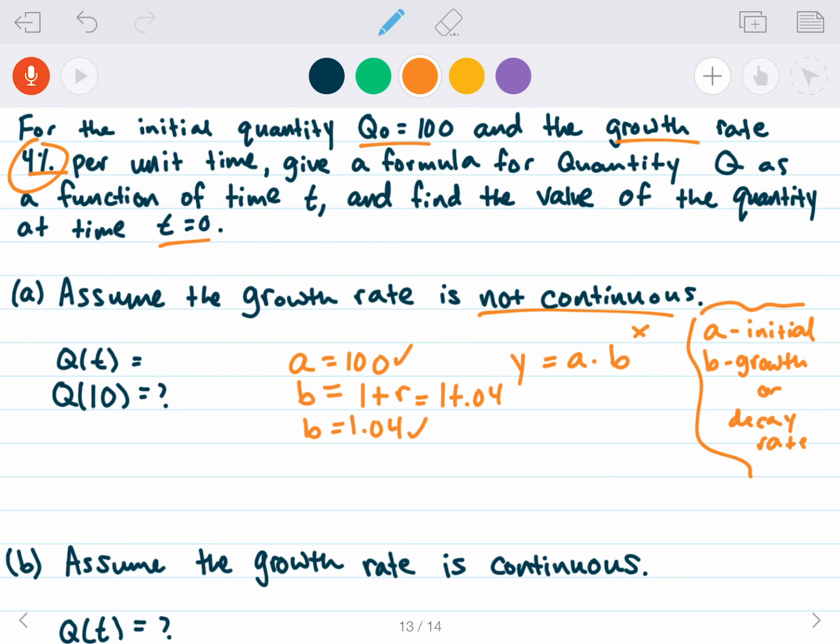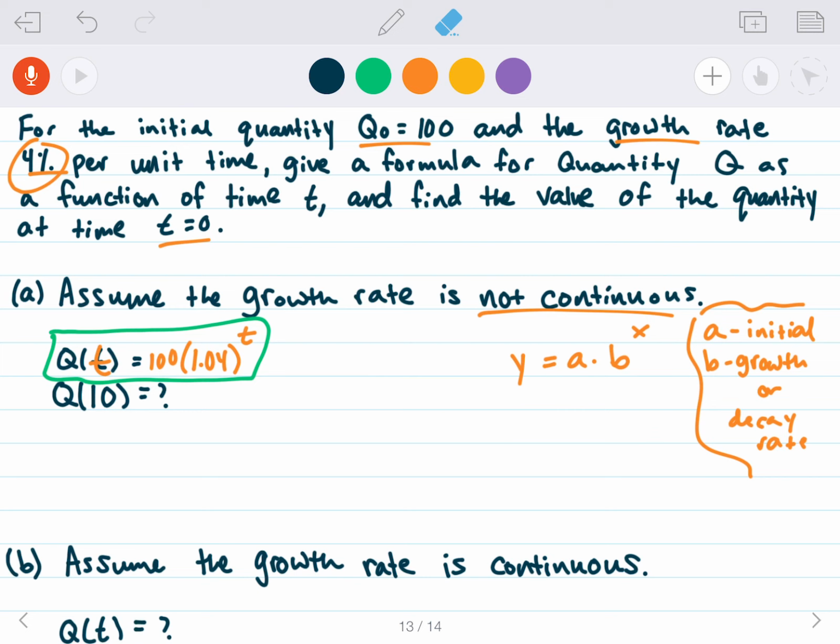Okay, so that's A and B. And our function is going to be 100, so that's A, times 1.04 to the T, because that's our independent variable here. So that's our answer for this part. Now the second part is saying, hey, what's the value of this function when T equals 10? So all we have to do is plug in 10 into the function we just found.